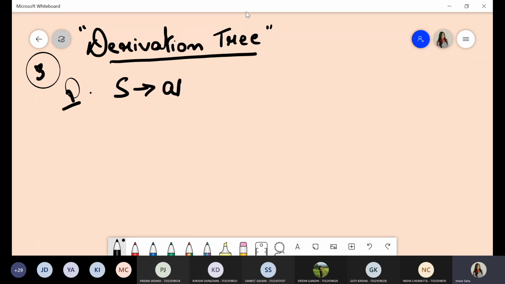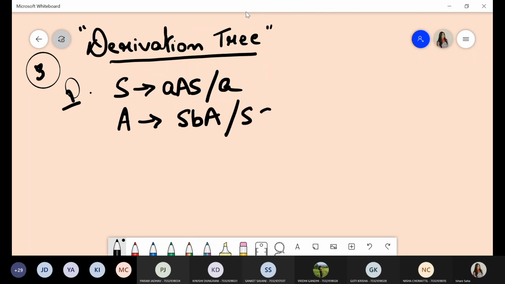We have already taken it, I'm taking the same question. This is our production rules that is given to us, and we have to generate the string A, B, B, and A. This is the string we want to generate.